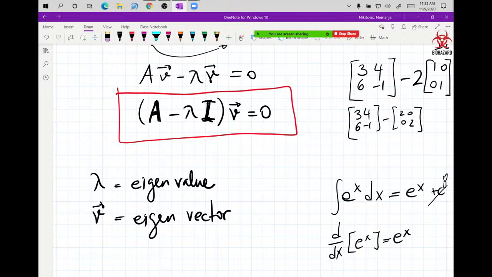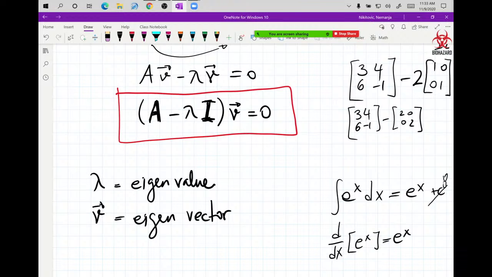You put 1 over x, ln comes out. So whatever function you put into this integral transforms it into a different function. Well, e to the x stays unchanged. And in that case, e to the x would be represented as the eigenvector, because it stayed unchanged under the transformation of integration.